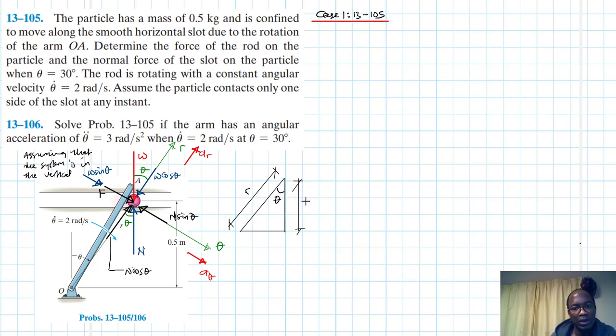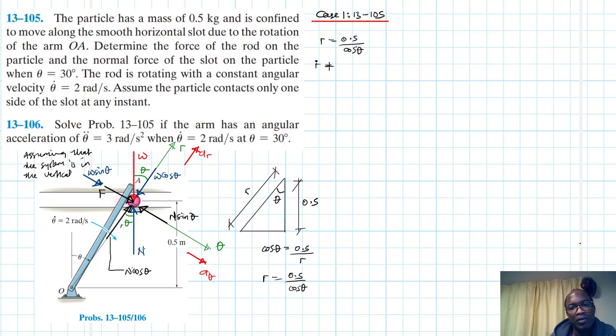This is r, and this is 0.5. So cos theta is just equal to adjacent, 0.5, divided by r, and r is just equal to 0.5 divided by cos theta. So we have r equal to 0.5 divided by cos theta.